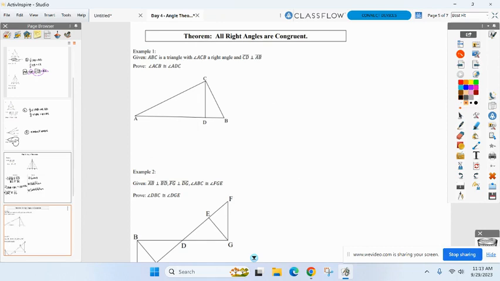The first one, and the only one I'm going to give you today, says all right angles are congruent. I know that makes sense to you, because if angles are 90 degrees, of course they need to be congruent, but I need to show you how to properly put it into a proof and use it.